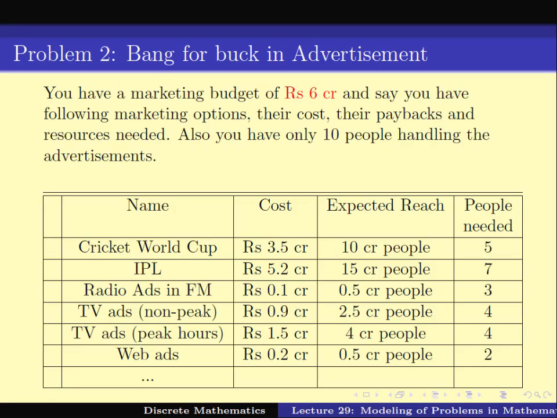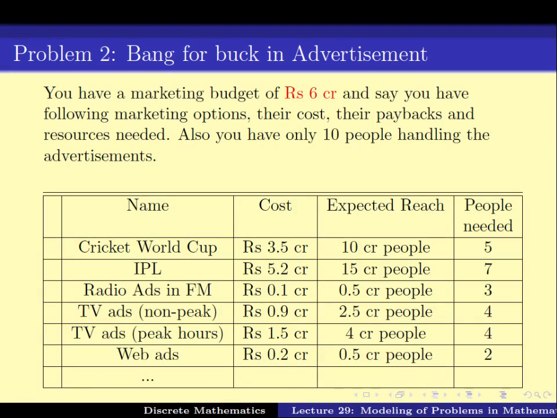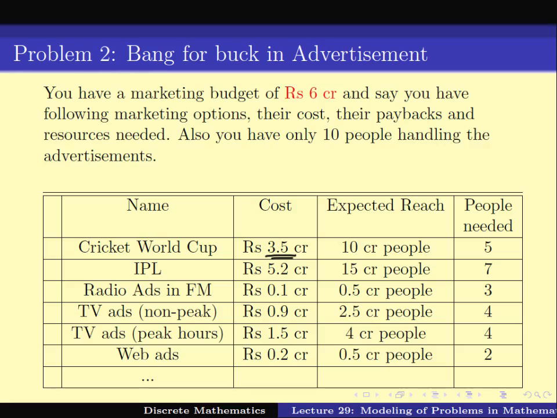Now you have only 10 people handling the whole advertisement part of your company. So one thing that you can do is invest 3.5 crore to create an advertisement for the Cricket World Cup. In that case, you will be expecting to reach something like 10 crore people, but you will need 5 people to make sure that the advertisement works.